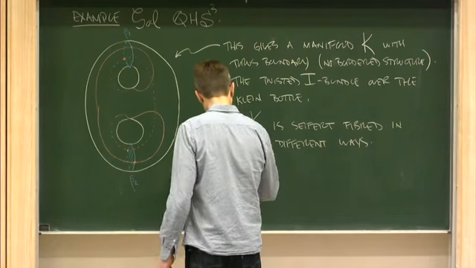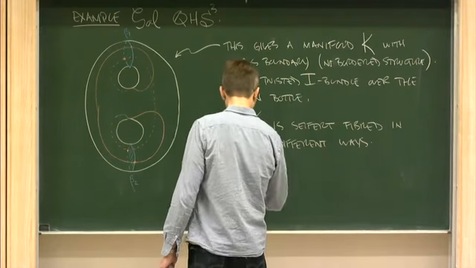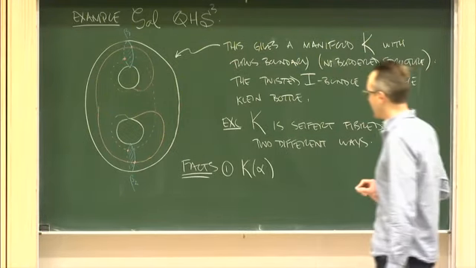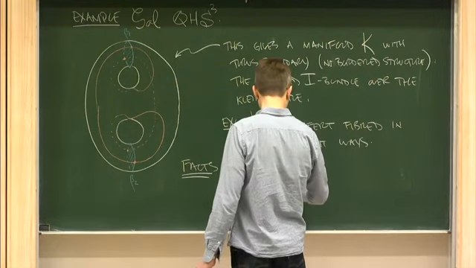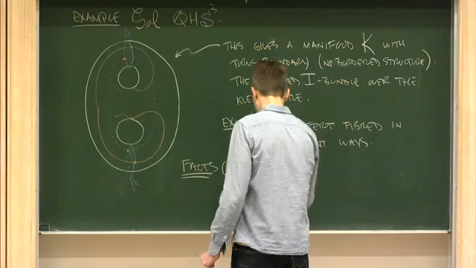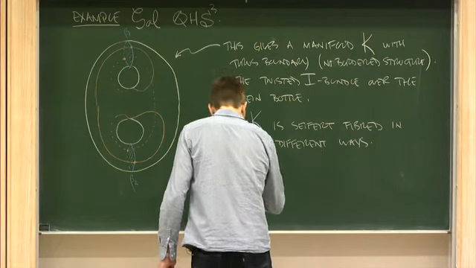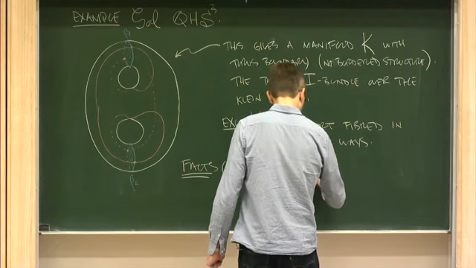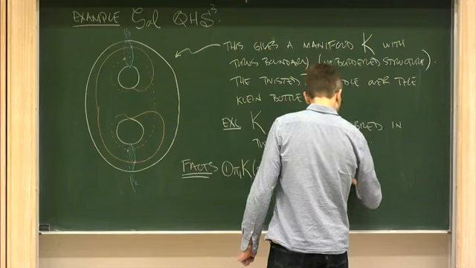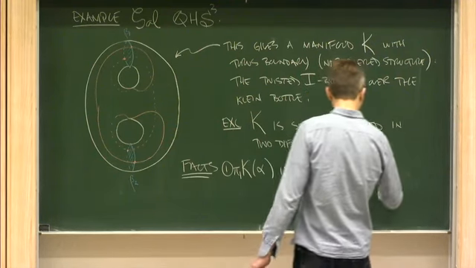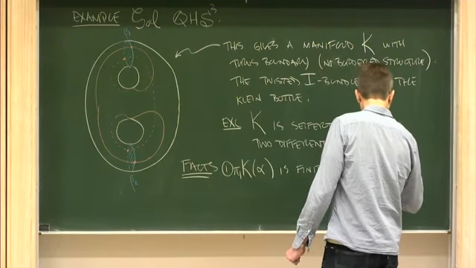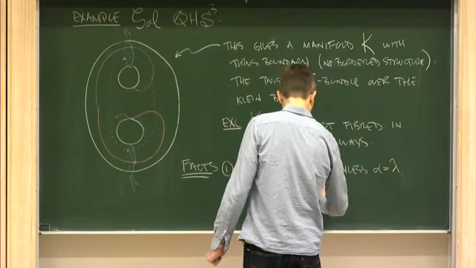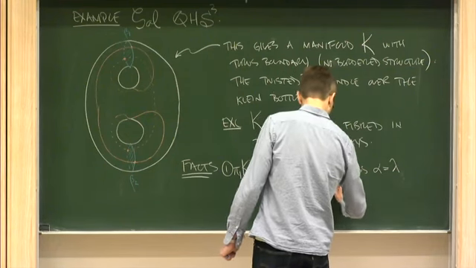So first, K alpha. If I Dehn fill along anything, I get pi 1 of K alpha is finite unless alpha is lambda, the longitude, or the rational longitude.